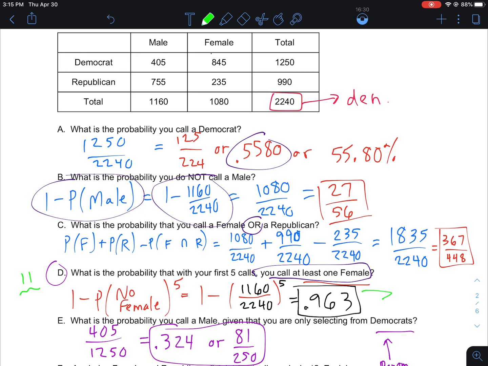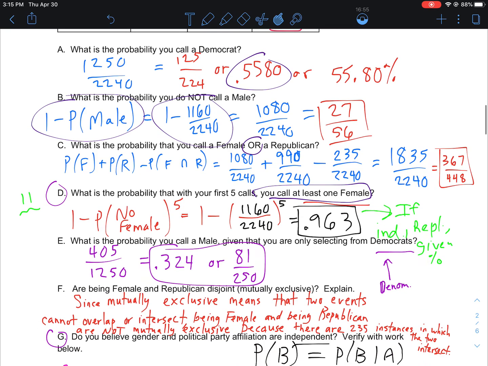So again, that doesn't really apply in this case. This would really only apply if you are working with independent situations, replacement is happening, or you are given a percent to start off with. So it really doesn't apply here. And that is, again, one I wouldn't really worry about. I want you to know how to do it at least once, but not in this context.